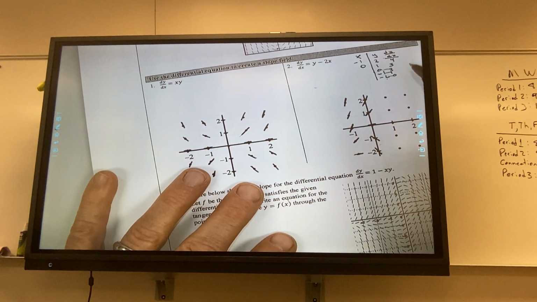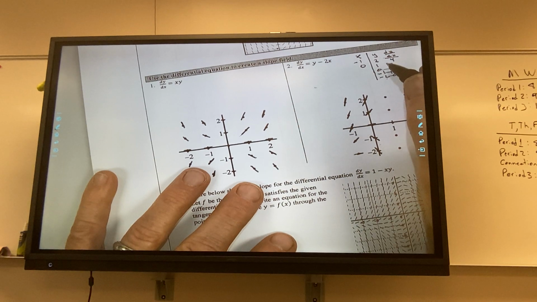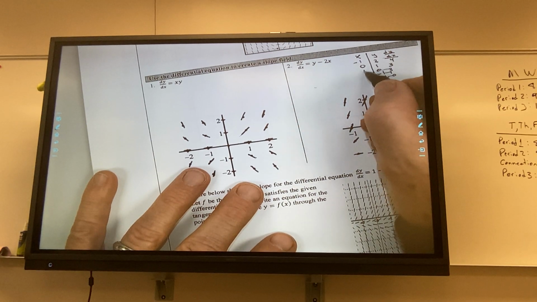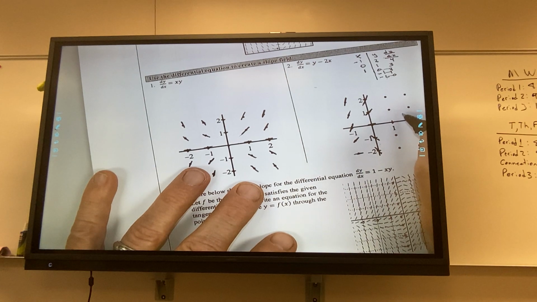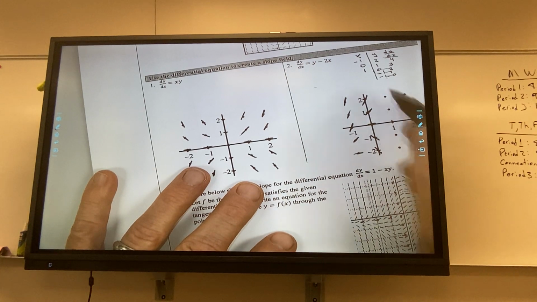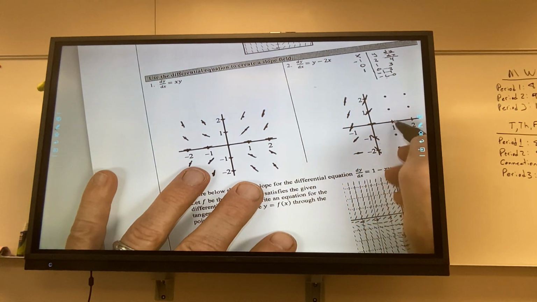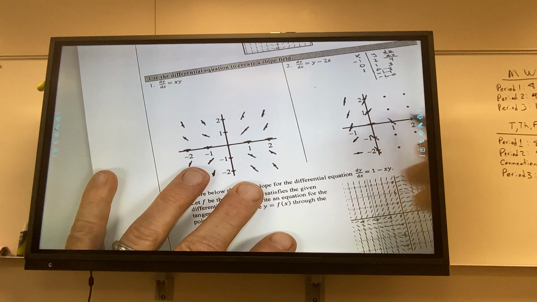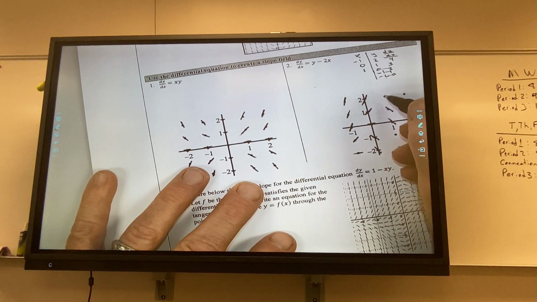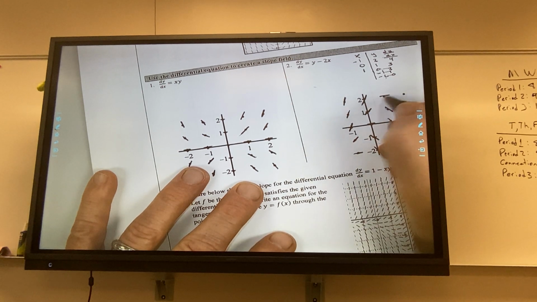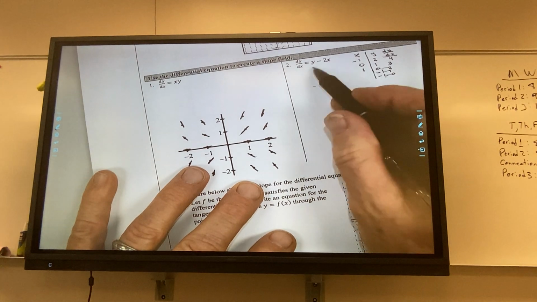And then my next number, I said, okay, I had 1. So right here y would be 0, and I'd have a negative 2. Here I had a negative 1. Here I would have 0, because you'd have 2 minus 2.